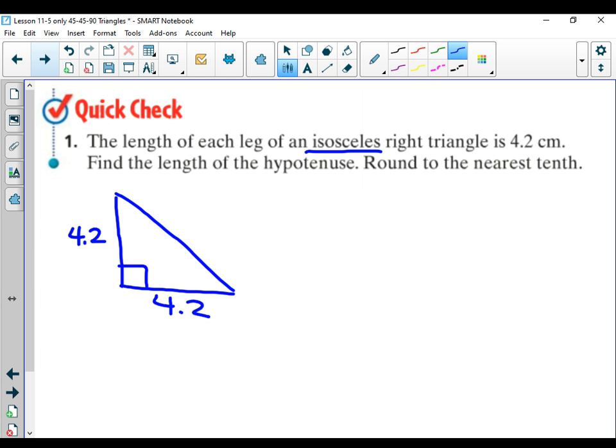How can we find the third side then? Right. Take the leg, 4.2 times the square root of 2.